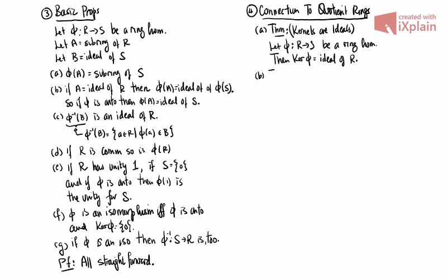Next, the first isomorphism theorem for rings. Let, again, phi from R to S be a ring homomorphism. So I can define a new mapping, let's say psi.